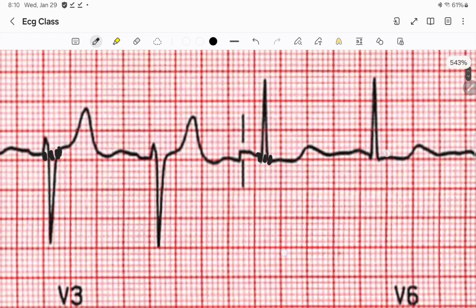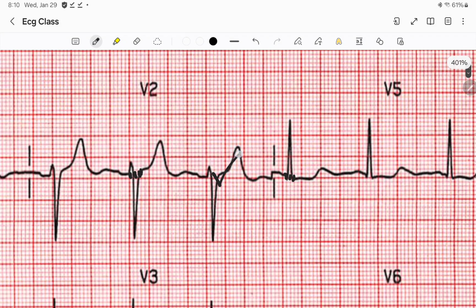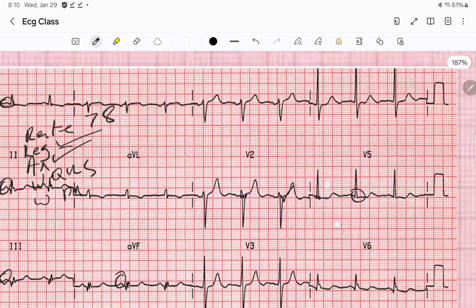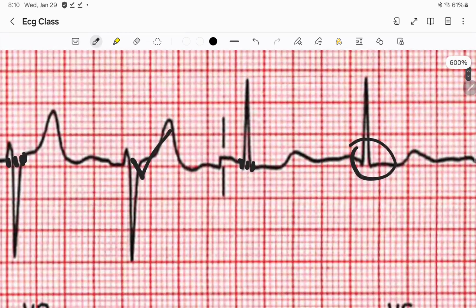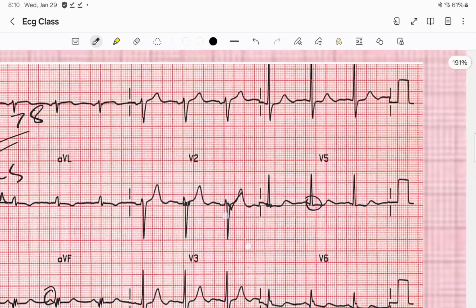Okay, so let's give it 2, right? So in this complex, it's kind of difficult to say where the J point starts, but these complexes are more clear, right? So I'm going to go ahead and say that the width of these QRS complexes is about 2 small boxes, which is 0.08 seconds, right? Which is normal, so it's not wide.